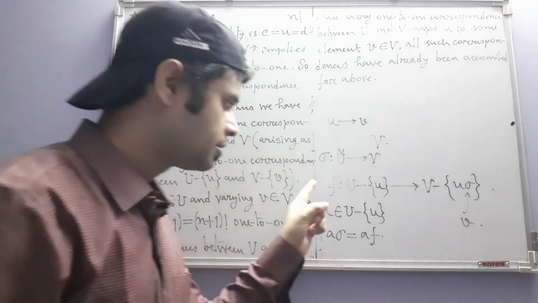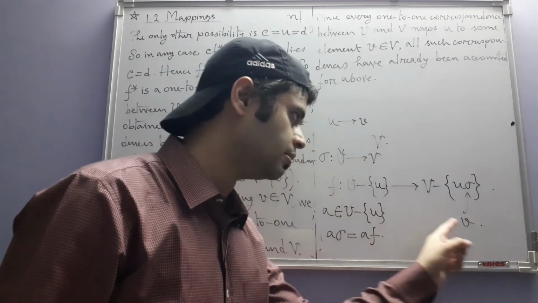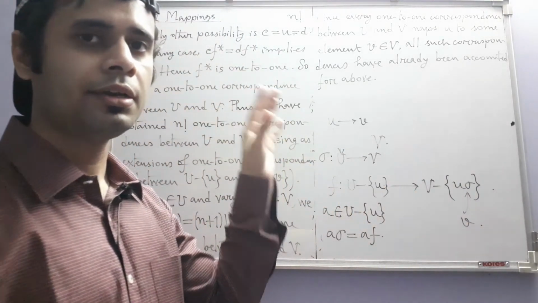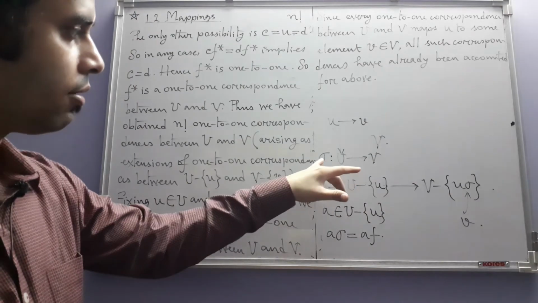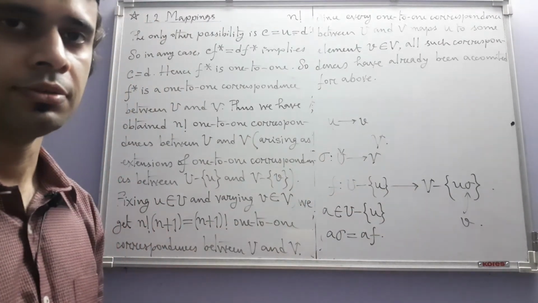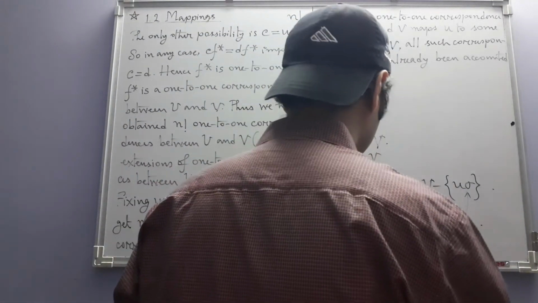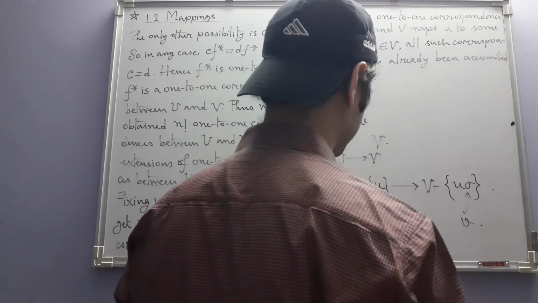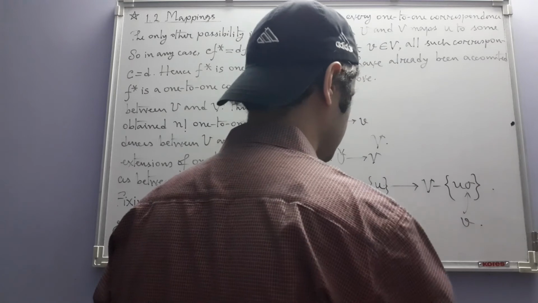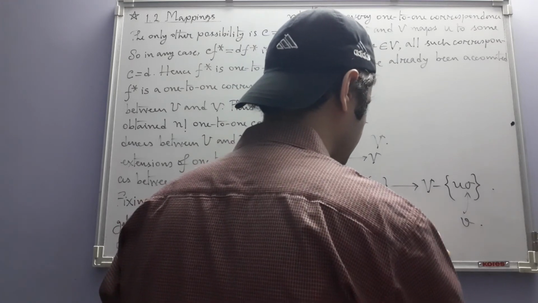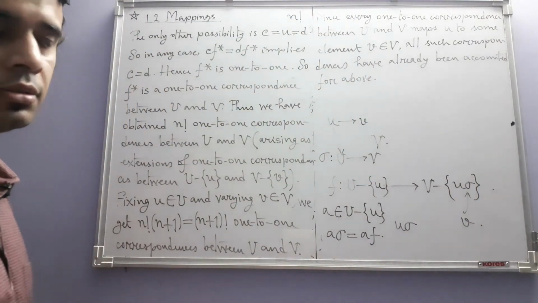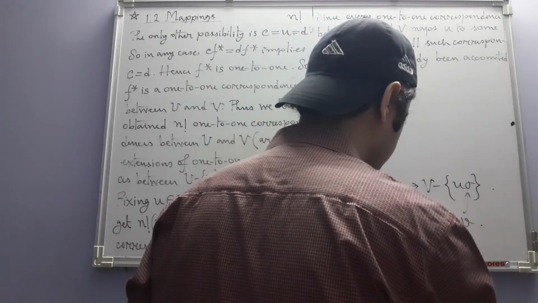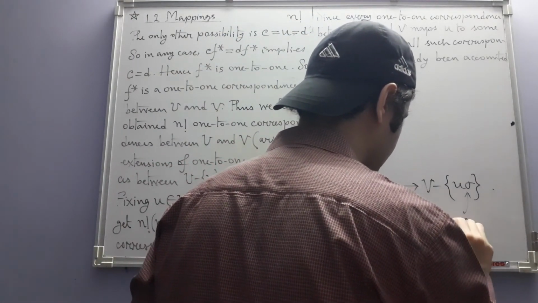And since f maps U minus u to V minus v, and v is nothing but u sigma, f and sigma are identical on u also, because what is u sigma? u sigma is just this v. So that means u sigma is equal to u f star.